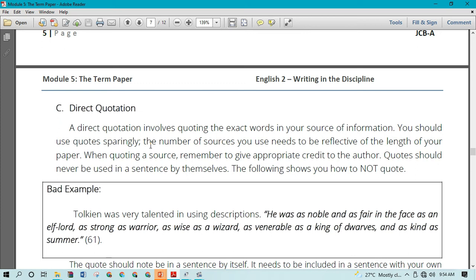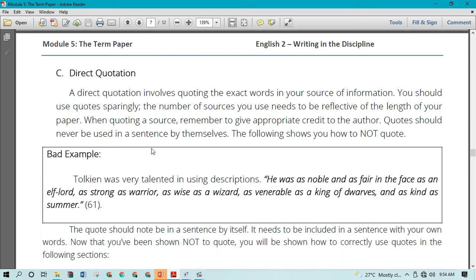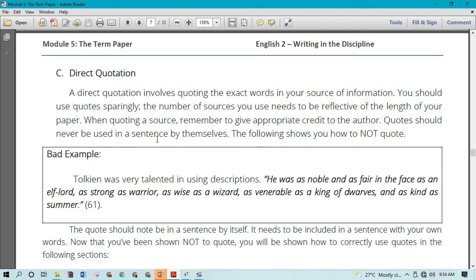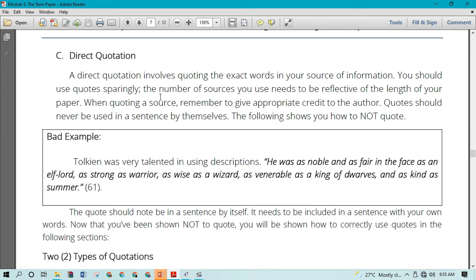And quotes should never be used in a sentence by themselves. So this is an example of a bad example of a direct quotation. Okay, so here, bakit siya bad? Because the quote should not be in a sentence by itself. So it needs to be included in a sentence with your own words.